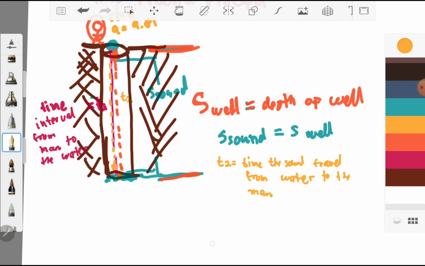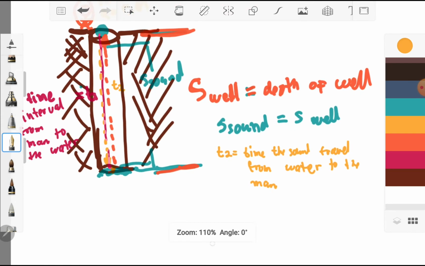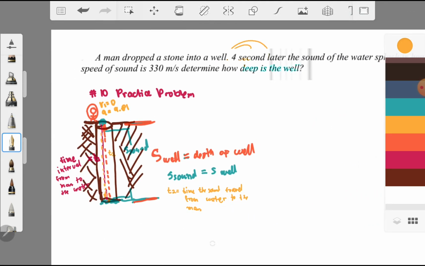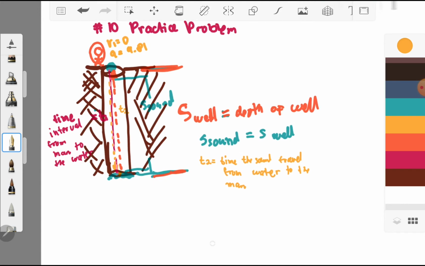Okay, so adding these two, we will have the time interval which is equal to 4 seconds. So T1 plus T2 is equal to your 4 seconds, the time that the man heard the splash. Take note that the 4 seconds is the total time traveled by the stone to the water, and the time the sound travels to the man that would hear the splash.